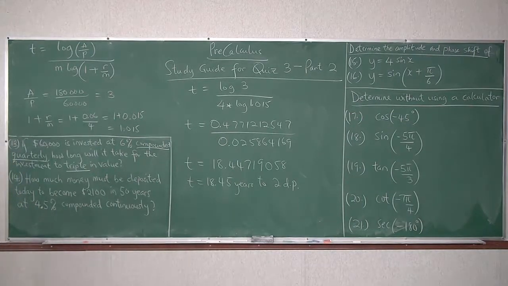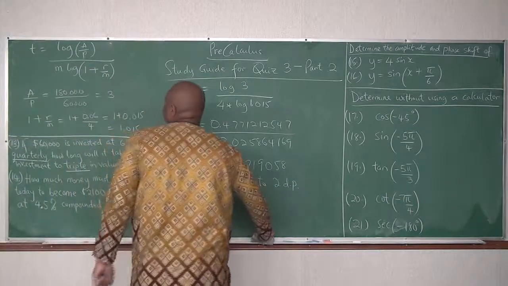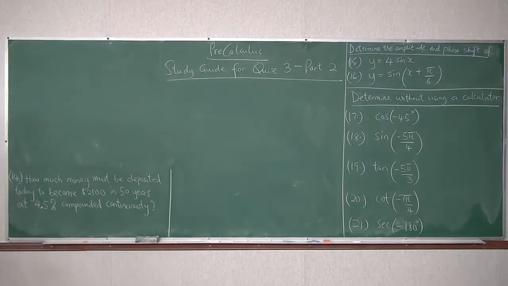Okay, now let's go to question 14. How much money must be deposited today to become $2,100 in 50 years at 4.5% interest rate compounded continuously?